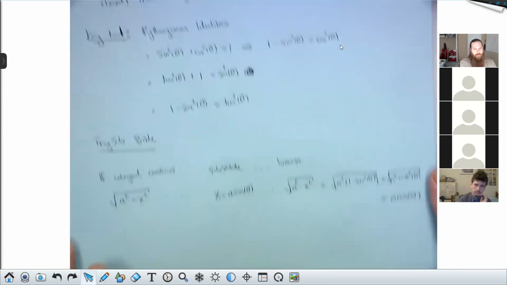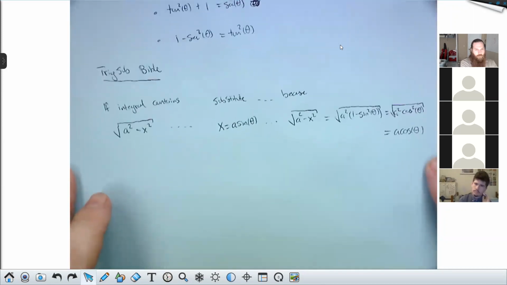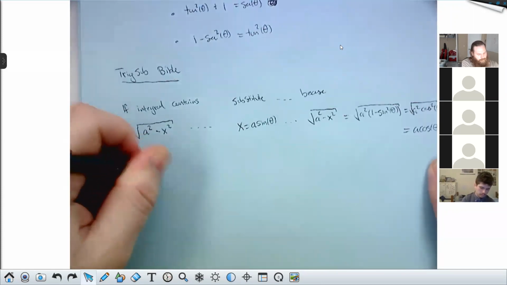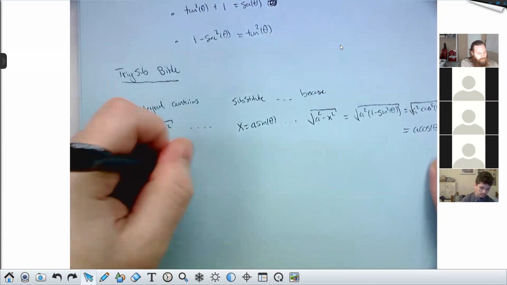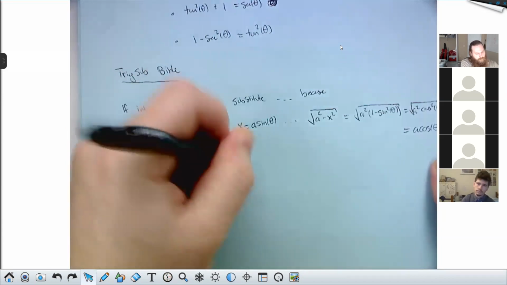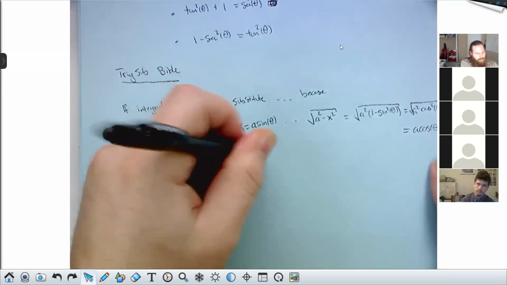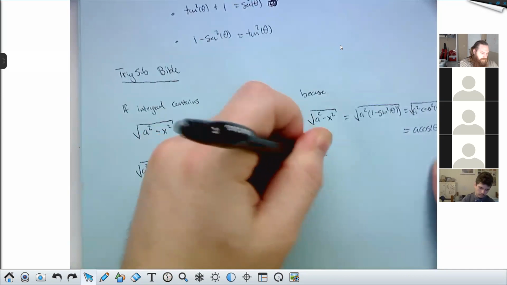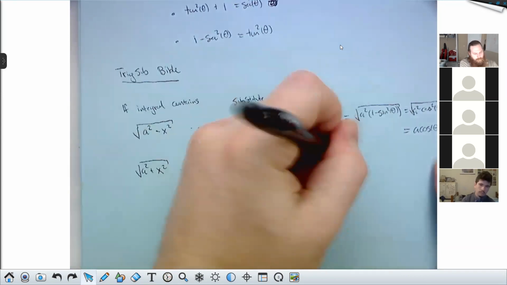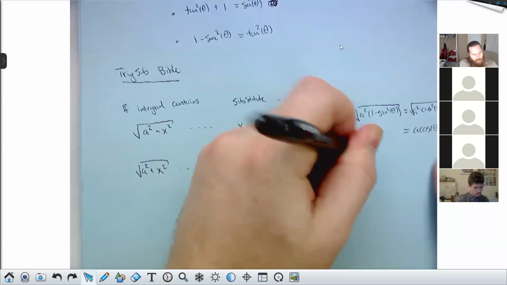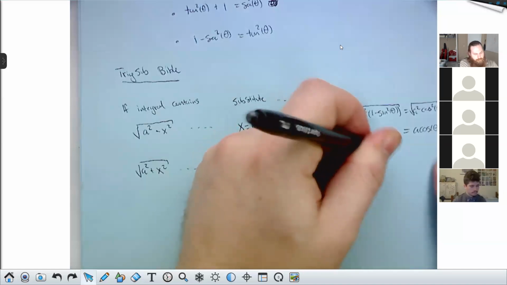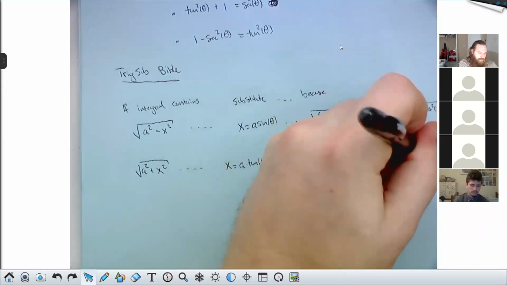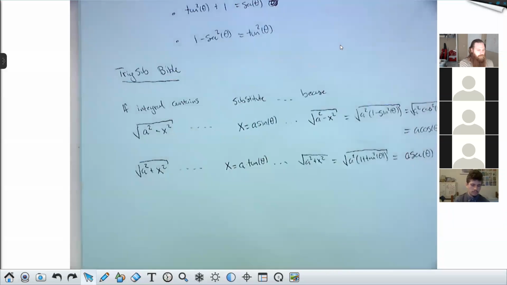And there's a similar thing for two other forms. If your integral contains a square root of a squared plus x squared, then you'll want to substitute x equals a times the tangent of theta, because under that substitution, your root a squared plus x squared will become the root of a squared times 1 plus tan squared theta, which will simplify to just a secant theta. I'm not going to write the extra step here.